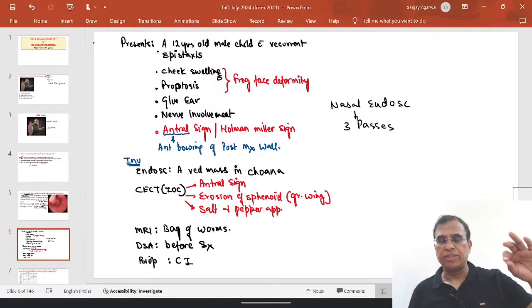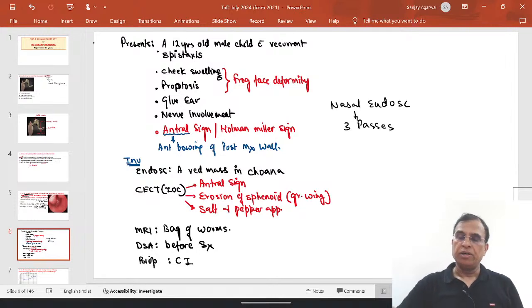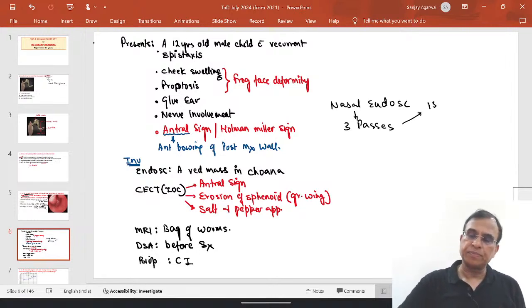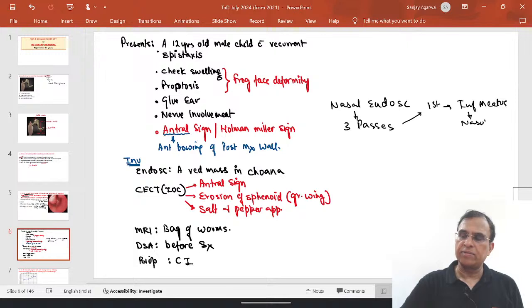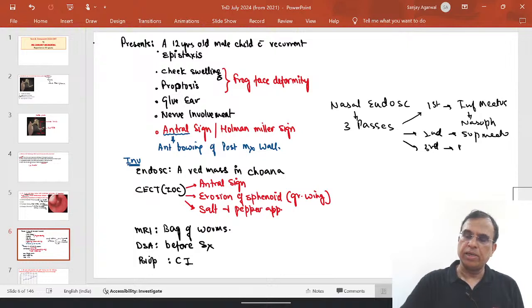We put it, then take it out, then again put it, and then take it out, and then put it, and then take it out. The first pass is inferior meatus, and you can see nasopharynx in this. The second pass is the superior meatus, and the third pass is the middle meatus, right?